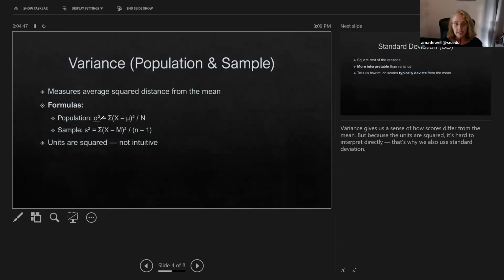Our variance, lowercase sigma squared, is the sum. Here's capital sigma, lowercase sigma, capital sigma. Lowercase sigma looks like a little circle with a hat. Capital sigma is the big sum sign. We're going to sum up our score minus the mean score squared divided by n, which is our population size.